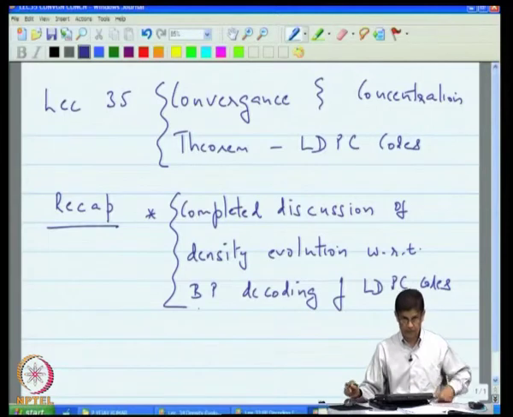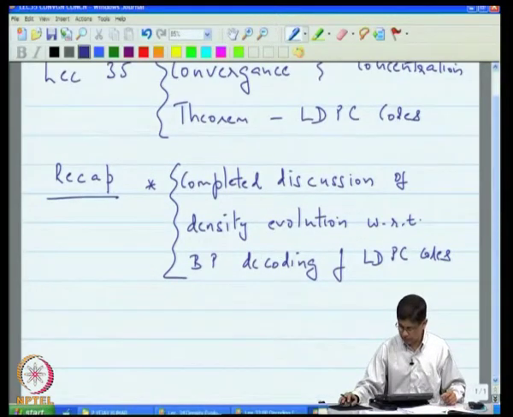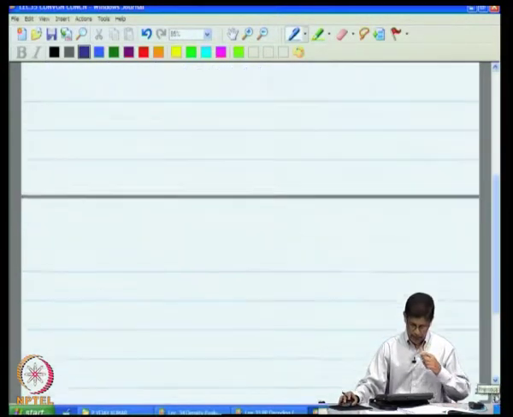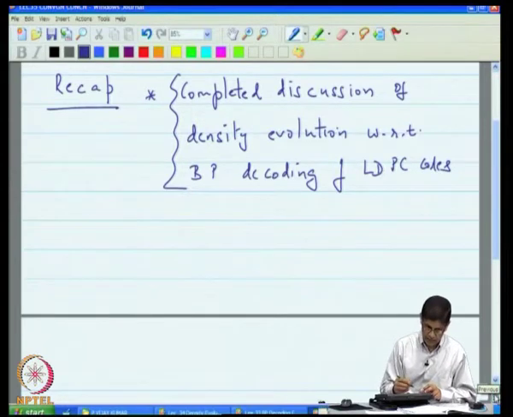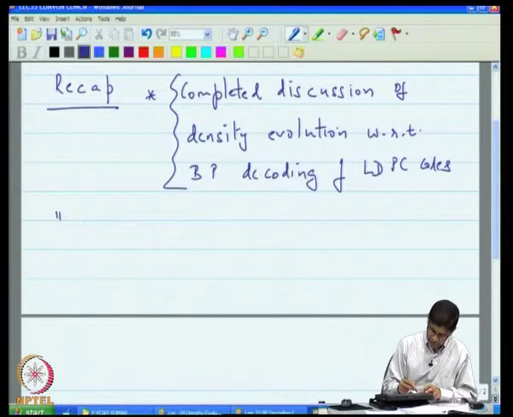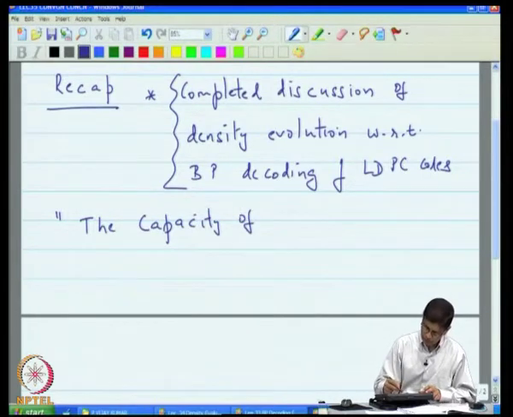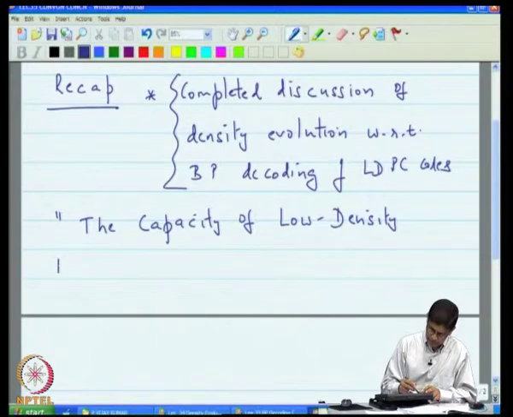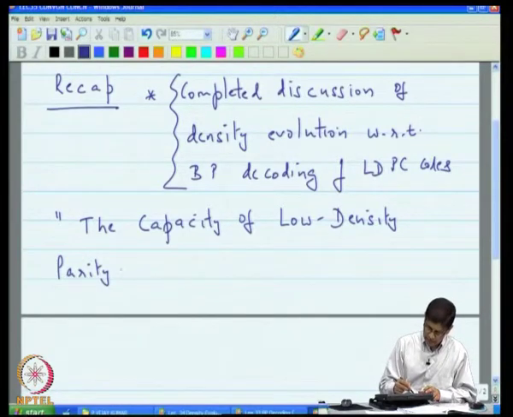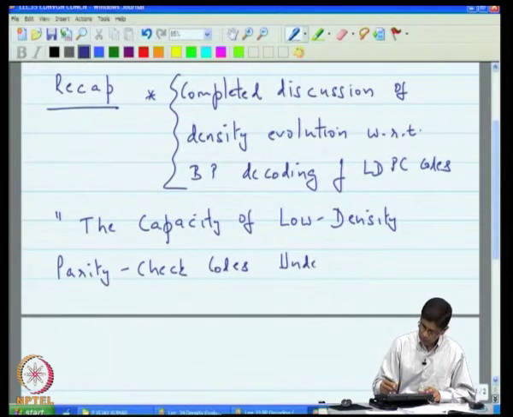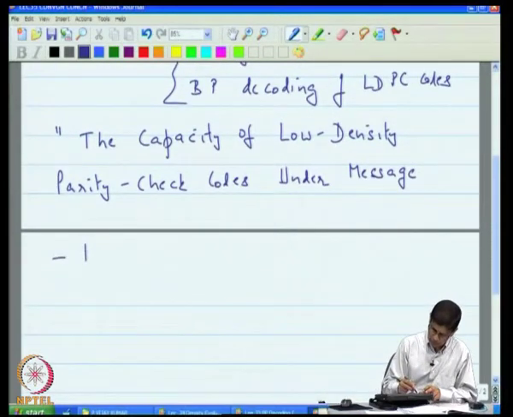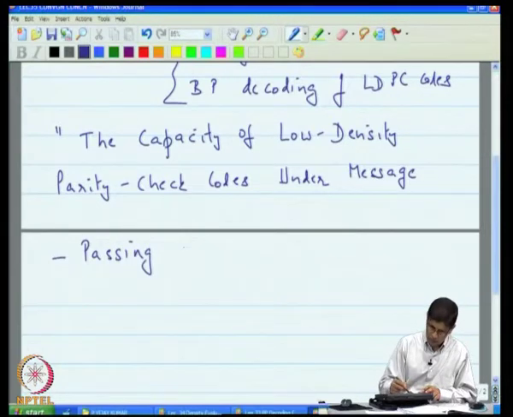So, we completed the discussion of density evolution with respect to the belief propagation decoding of LDPC codes, and our reference has been the paper I mentioned earlier, namely "The Capacity of Low Density Parity Check Codes under Message Passing Decoding."